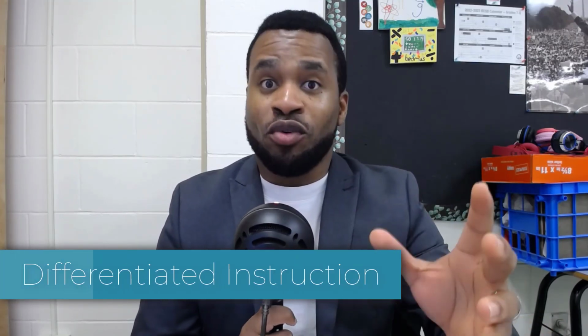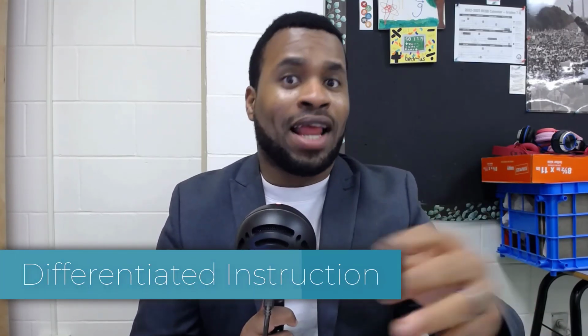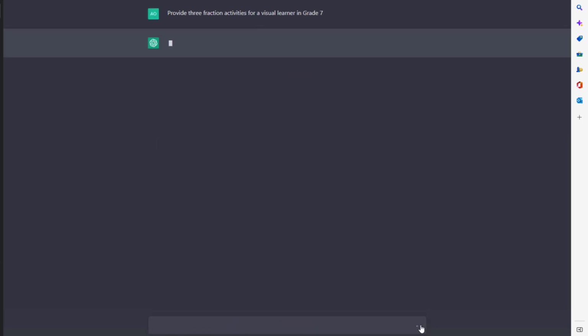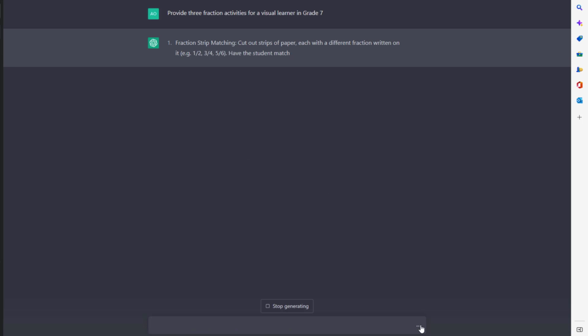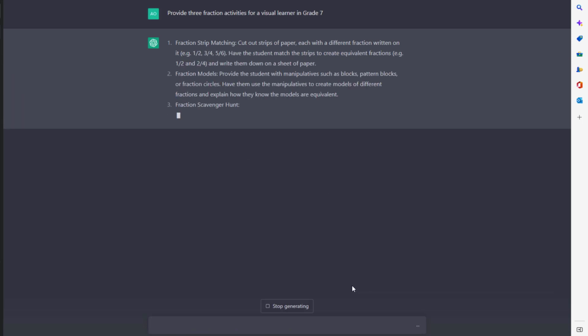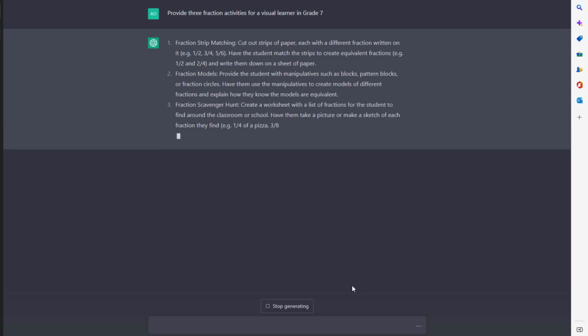Next is in terms of differentiated instruction. This tool can be helpful in terms of creating ideas on how you can reach different learners in your classroom in terms of delivery of information, either in various areas of studies, but also maybe ideas related to their interests. And this can help the students to be able to foster a form of learning that best fits their style in order for them to be successful in that specific subject area.